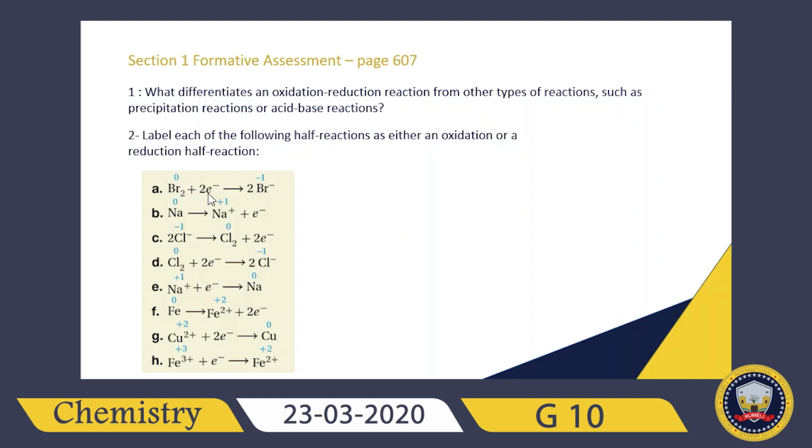So what do you think? Is this a kind of oxidation or reduction reaction? Yes, guys, this is a reduction reaction. Again, reduction reaction will involve a decrease in oxidation number, and the atom here will gain a number of electrons.